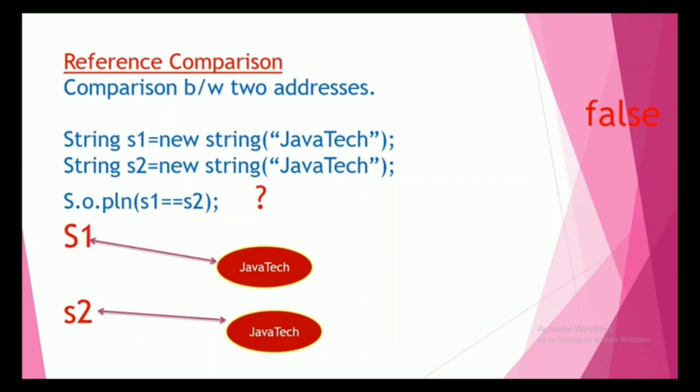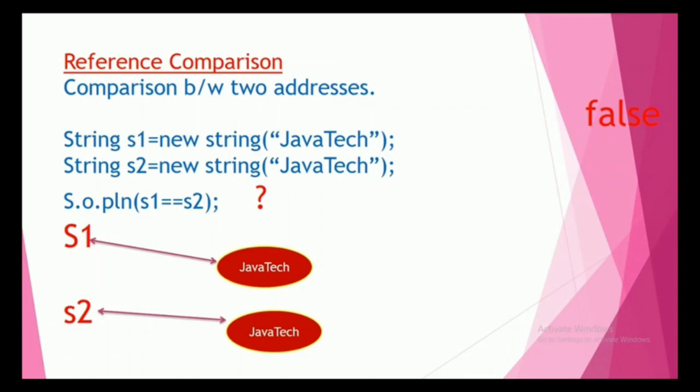I am taking the first object as S1 and the second object as S2 reference variables. I am taking the same content in two string objects, that is JavaTech and JavaTech. Now I have to print two statements here. I am writing a println statement, and in it I am printing S1 double equal to S2. Here I am comparing two hash codes.